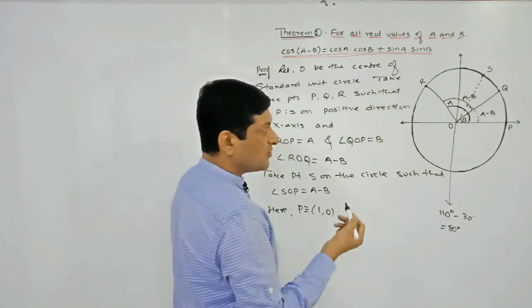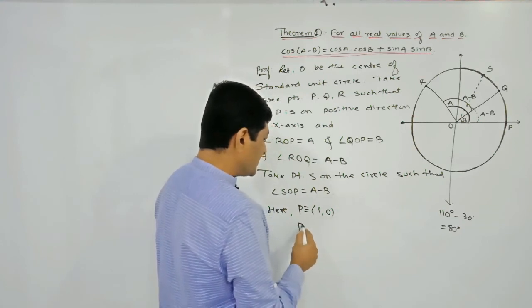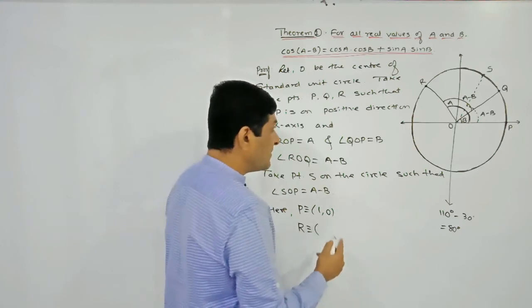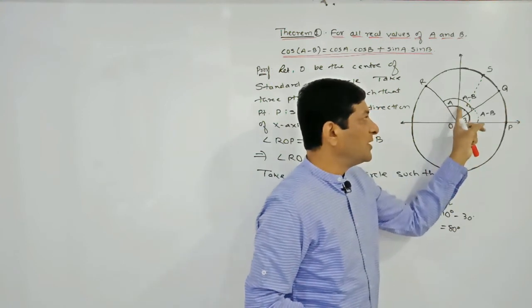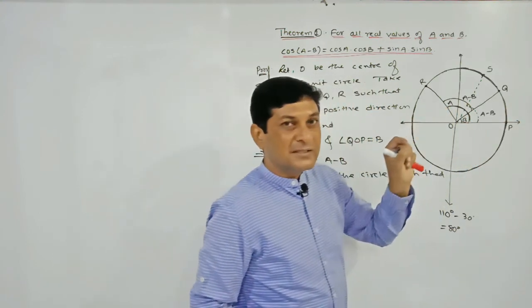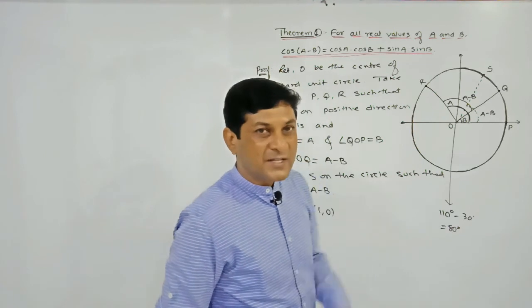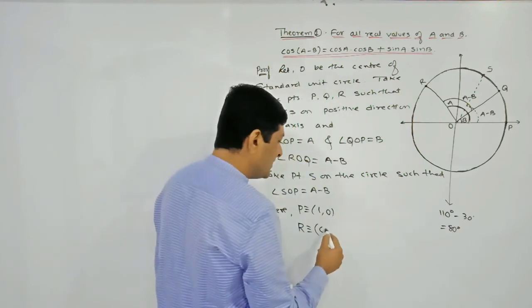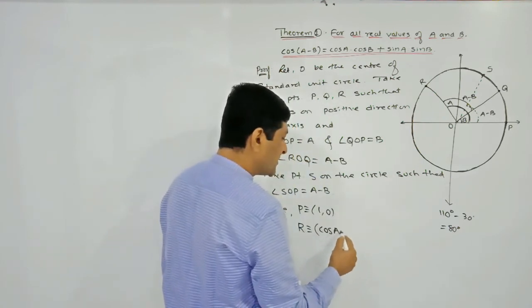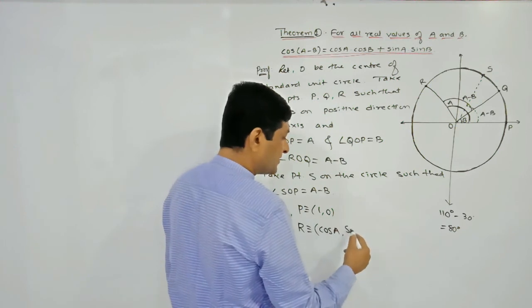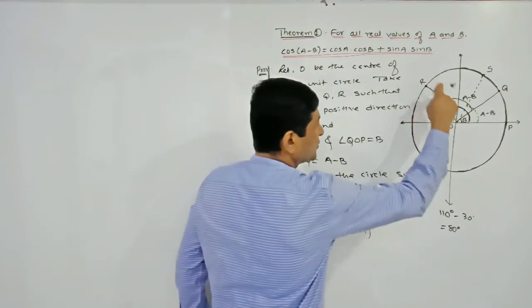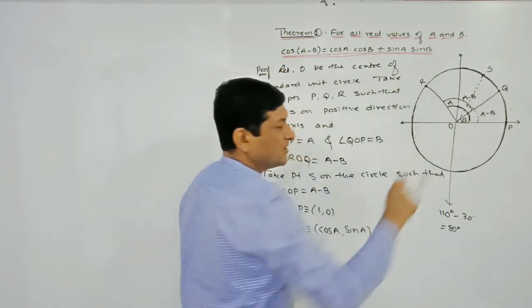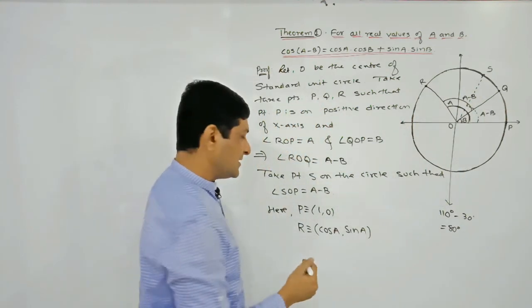Now try to find out the coordinate of point R. The angle made by this point R with the positive direction of x-axis will be equal to A, and we know that x coordinate is nothing but the value of cos theta, but theta is here A, and y coordinate is nothing but the value of sin theta, and here theta is nothing but A, because OR makes angle A with the positive direction of x-axis.